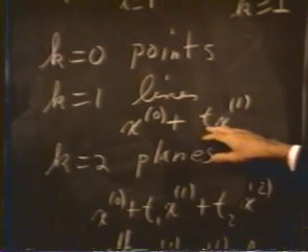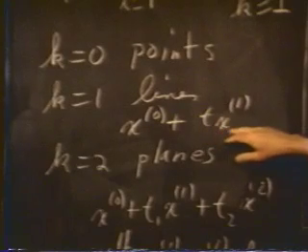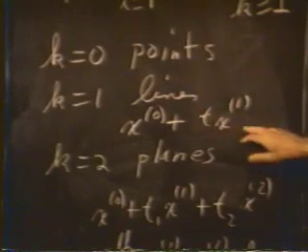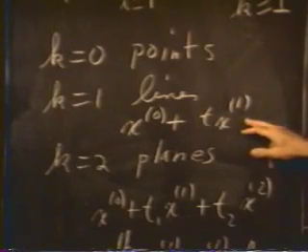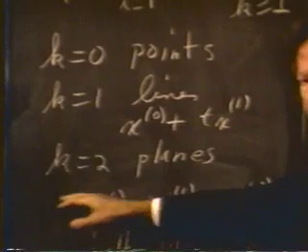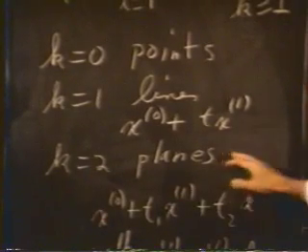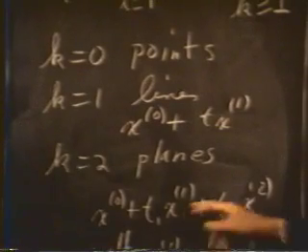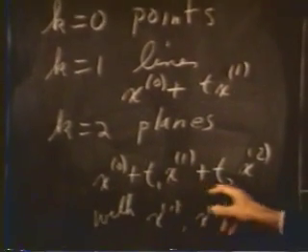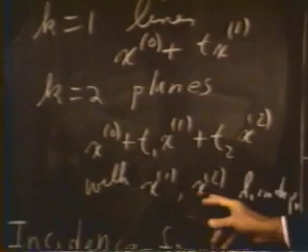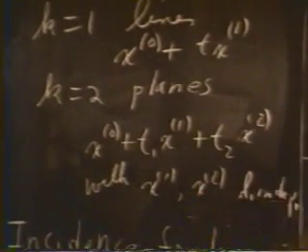It's the vectors multiplied by the scalars that we require linear independence of. So, of course, in the case of lines, we don't have any problem. In the case of k equals 2, that is, linear varieties of dimension 2, we get planes. In this case, x0 plus t1 x1 plus t2 x2, with the requirement now that x1, x2 be linearly independent vectors.